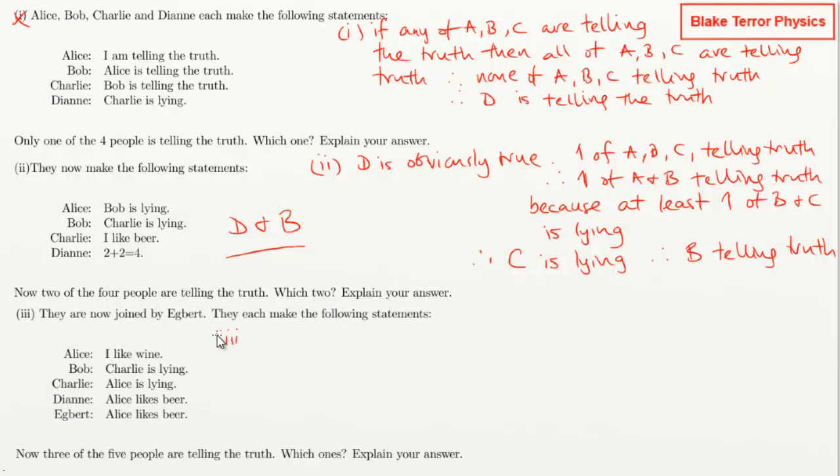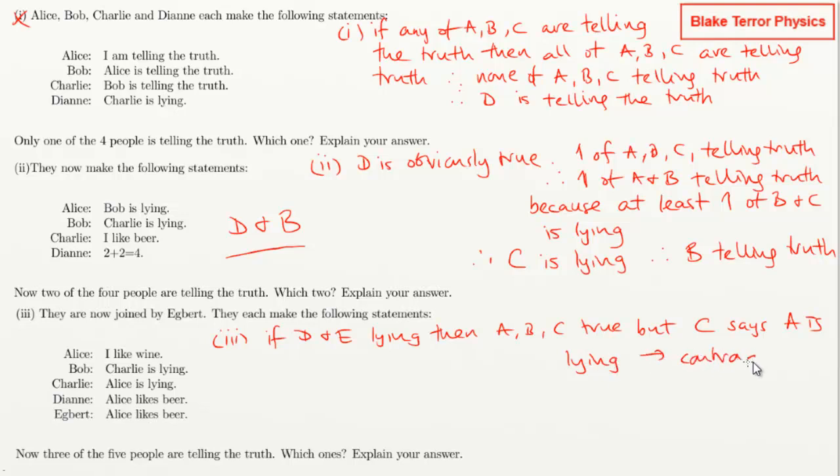So if D and E are lying, then A, B, C are true, but C says A is lying. So that's our contradiction there.